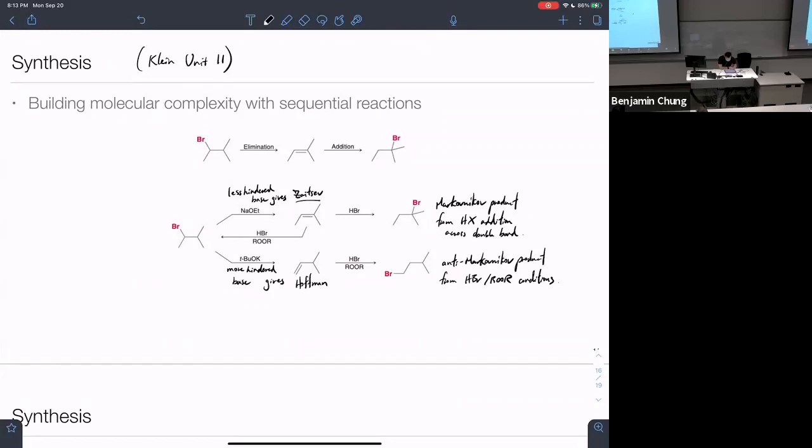Let's walk through that. So your first step would be deprotonation of either here or here.